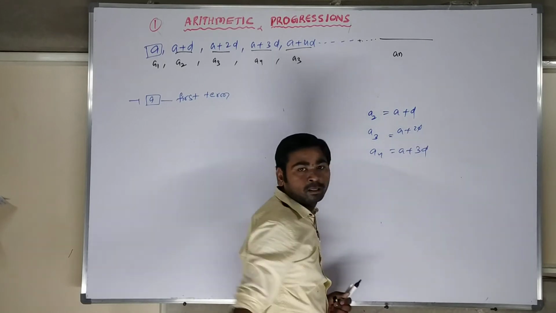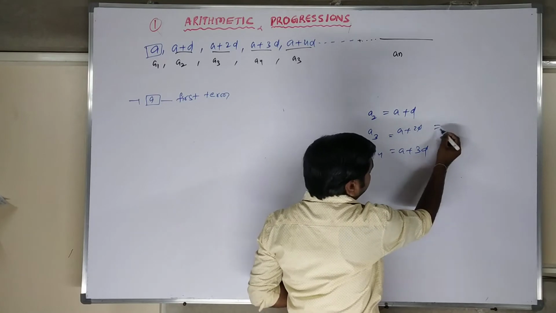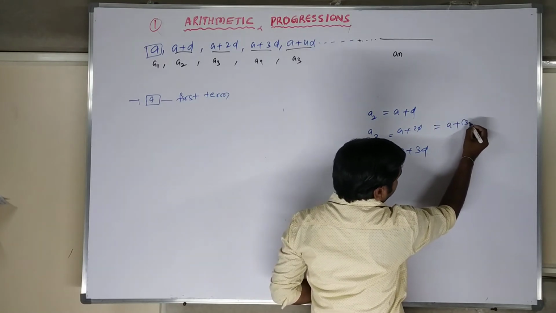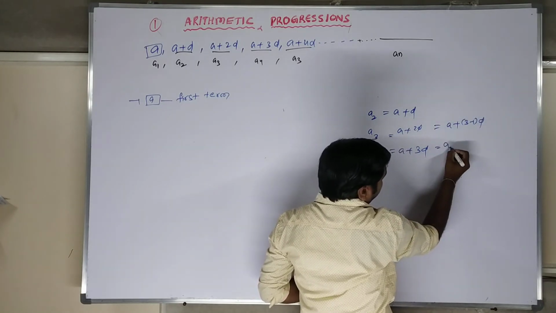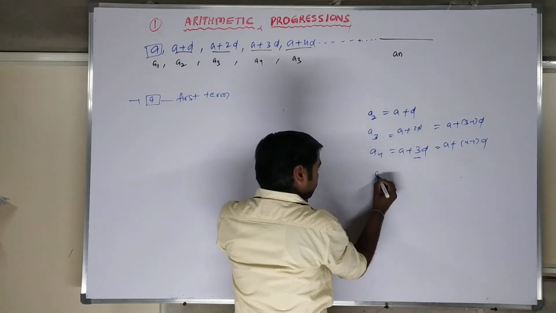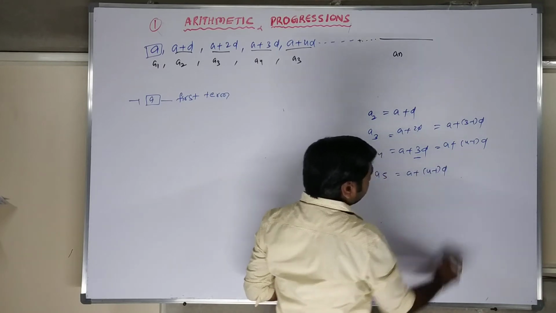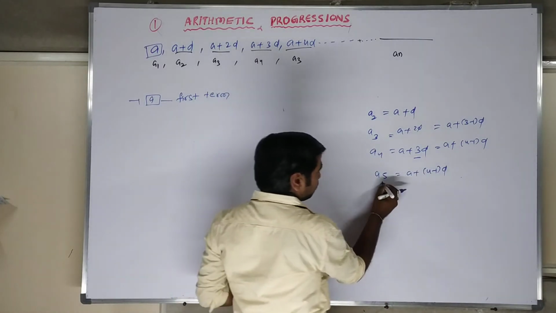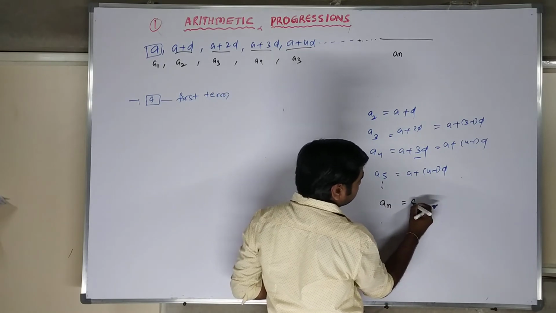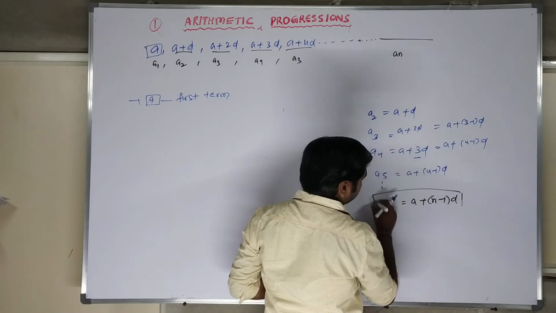Like that, I can write a plus 2d as a plus (3 minus 1) into d, a plus 3d as a plus (4 minus 1) into d, a5 as a plus (5 minus 1) into d. Similarly, an means a plus (n minus 1) into d.